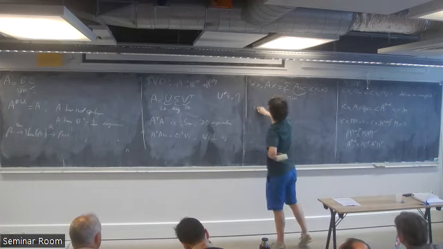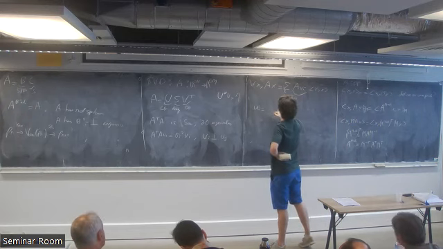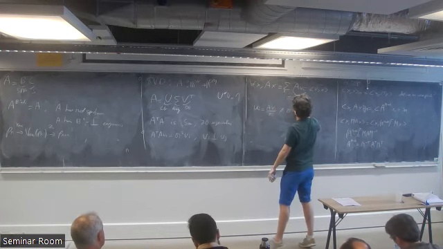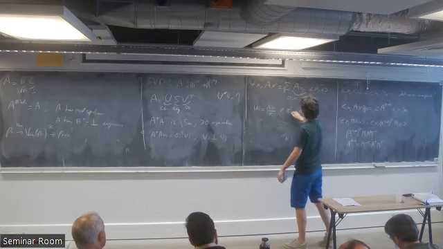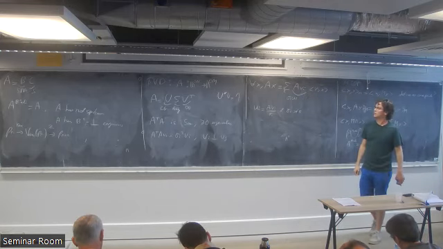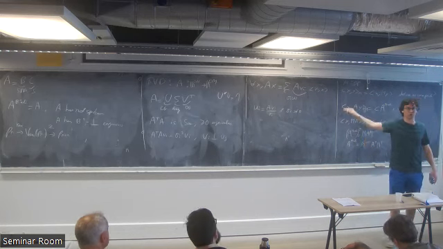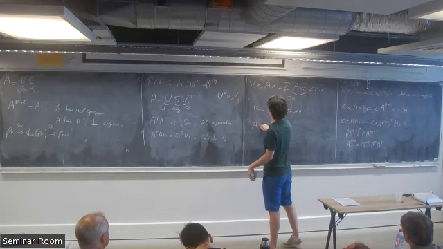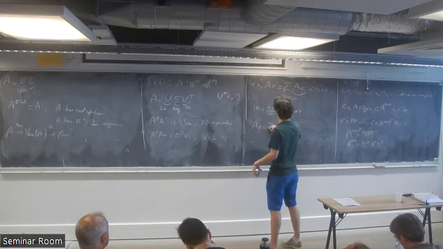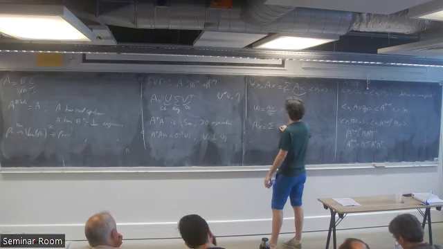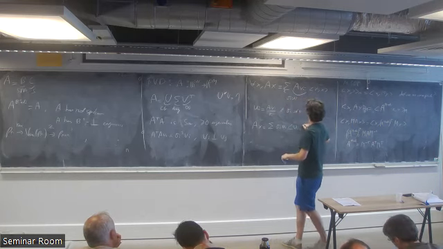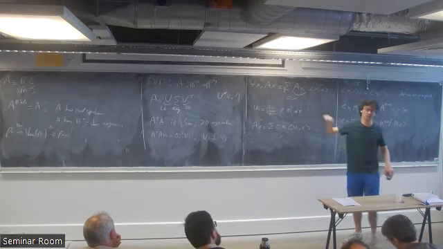Meaning I will define Ui equal to AVi over sigma i if sigma i is non-zero, and otherwise I will just drop it. And then I have AX is the sum of sigma i, Ui, Vi transpose X, which is exactly the SVD.